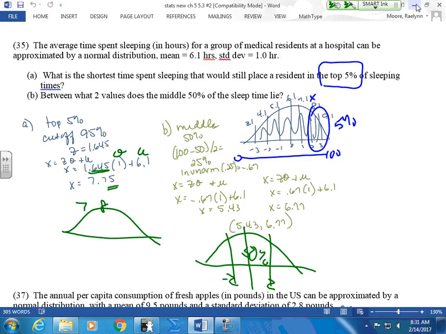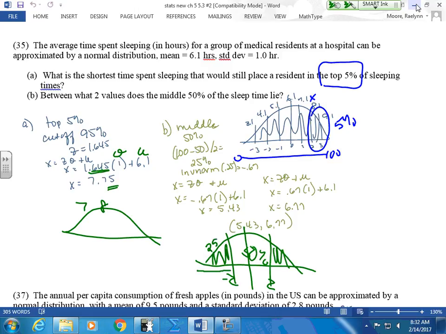Okay, so you have a couple of ways you can do this. If this is 50% in the middle, and this whole curve is 100%, these two pieces have to add up to 50%, don't they? Isn't that what makes it 100%? So if I need to know this one, what's half of 50? 25. There's my 25%.